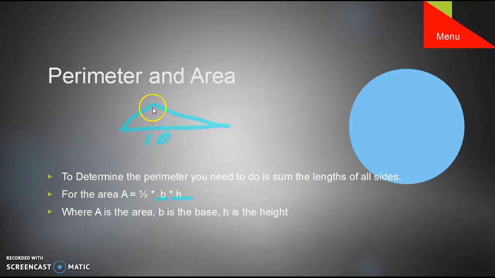And the height is the length from the base to its angle. So it'll be that. Nice little right triangle there. So what is this? We'll just say that in this case it's 2. So the area of this will be 2 times 10 times 1/2.